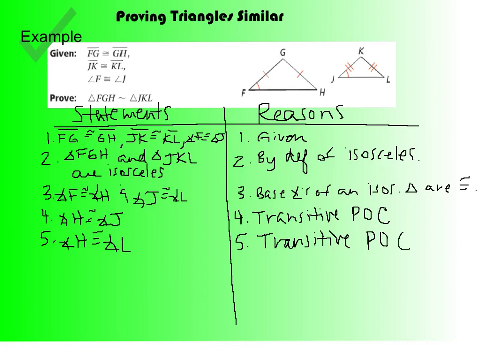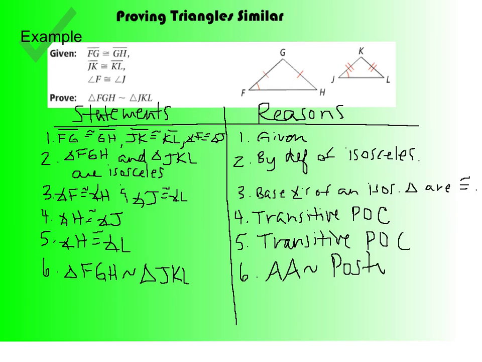And then as soon as I know that H is congruent to L, I've got F congruent to J, and now I just figured out H congruent to L. So now I can say what they wanted me to prove: triangle FGH is similar to triangle JKL, and the way I know that is by the angle similarity postulate.